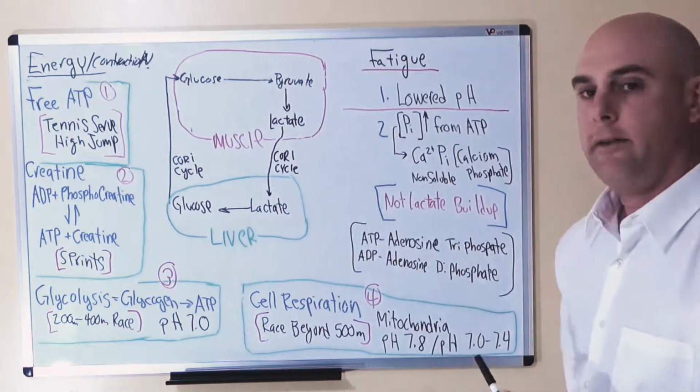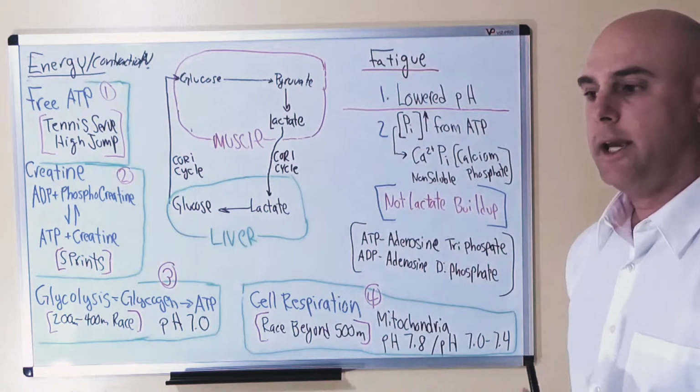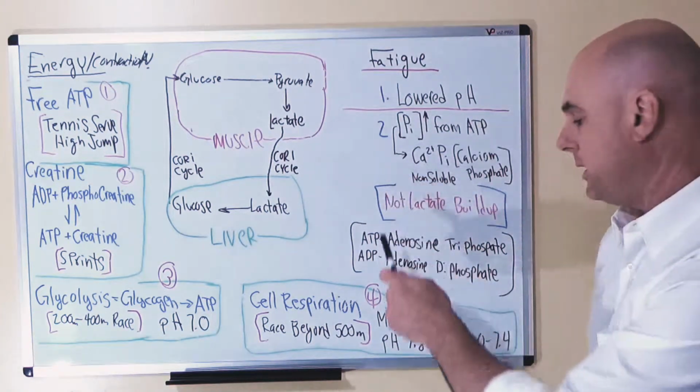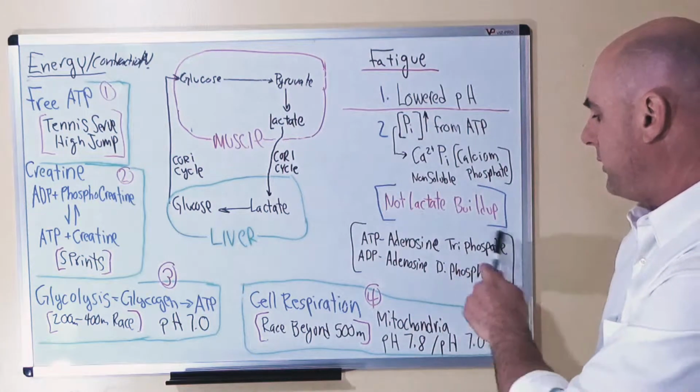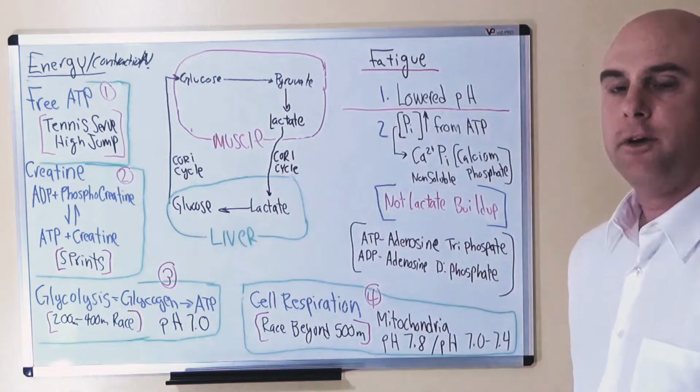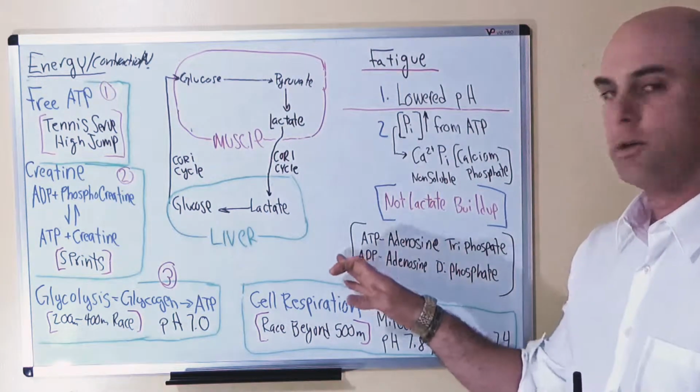And the other way that skeletal muscle can exhibit fatigue is a buildup of inorganic phosphate. Now, I already mentioned that ATP and ADP have 3 and 2 phosphates associated with the molecule respectively.